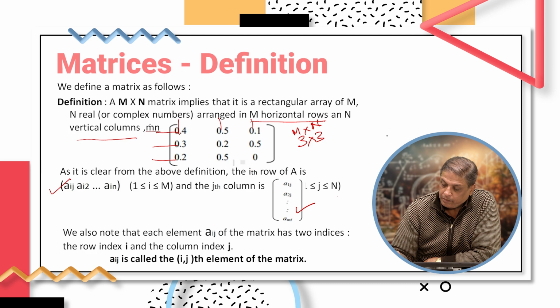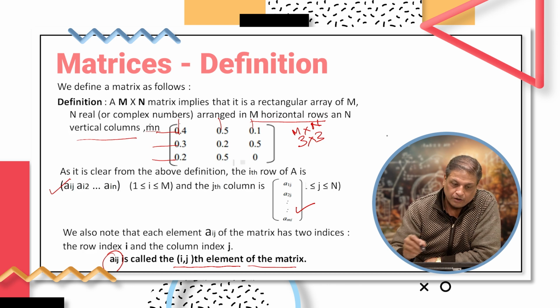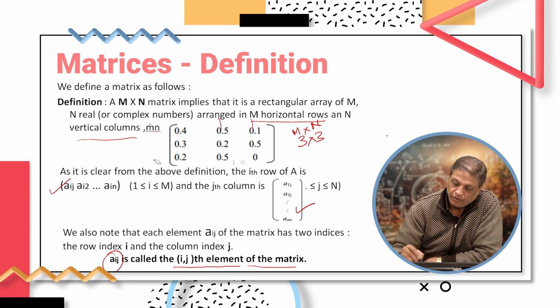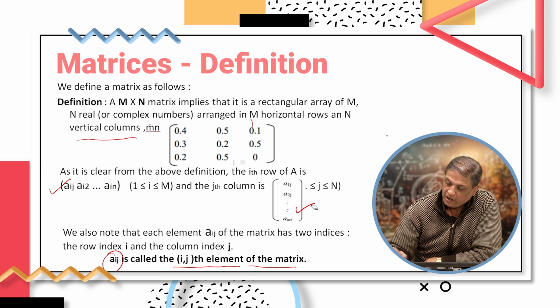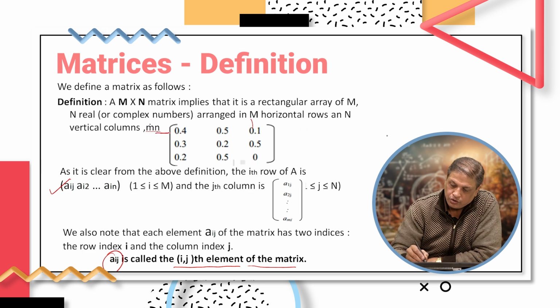The elements are represented by Aij, where Aij represents the ijth element of a matrix. If you want to understand what we mean by Aij, let me cite again: this is the first row and first column, so the ij value will be 1 1.